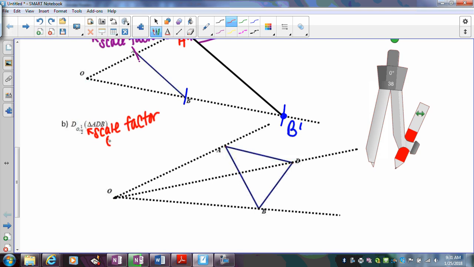This means the distances from the center have to be half as far. So you're going to take half the distance from the center.